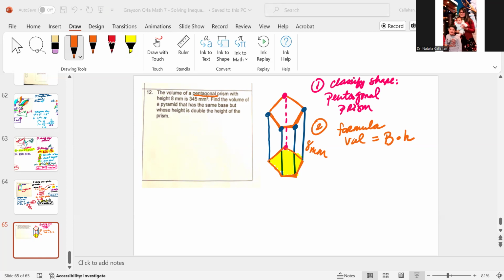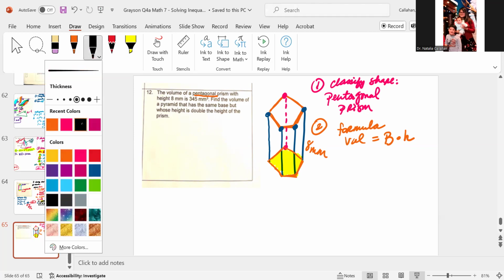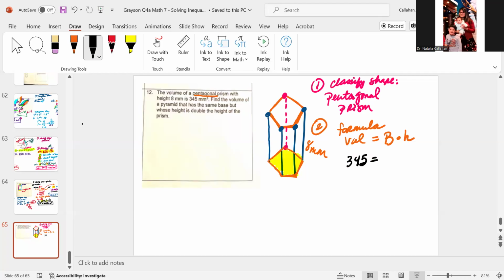Okay, so let's just use this one. So this one's saying if the volume is 345, B times, and 8 is the height, right? Well, we can solve for B, right? So B is going to be equal to 345 divided by 8, correct? Now divide that. What is that going to give you?